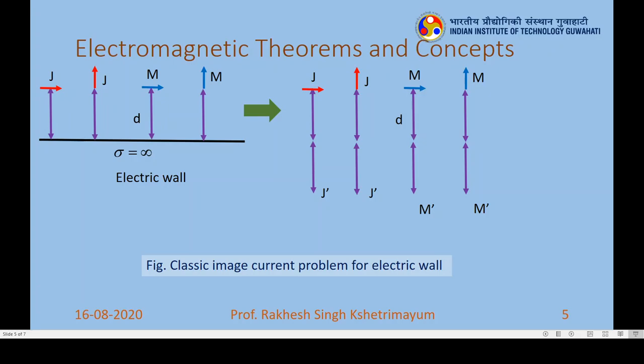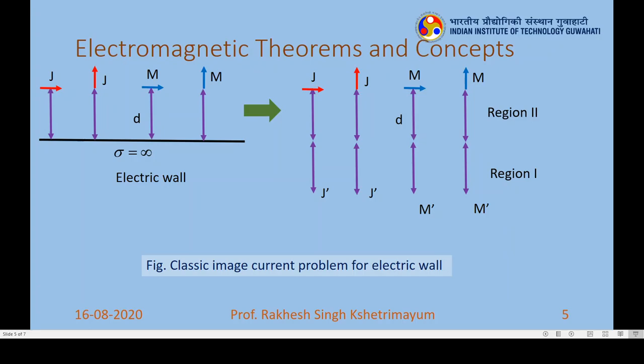So we want to apply the image principle and find an equivalent problem for this, so that I can find the fields in the upper half plane easily. So first thing is, we consider 2 regions, region 1 and region 2. I am not interested in finding field inside the conductor. So in region 1, I am not interested in finding the fields. So I am finding the fields in region 2. Region 2 is the upper half plane.